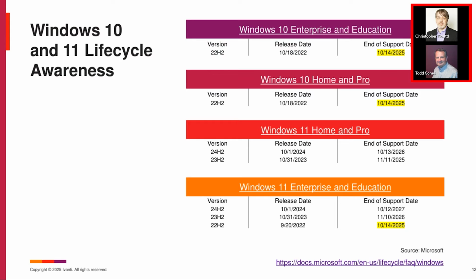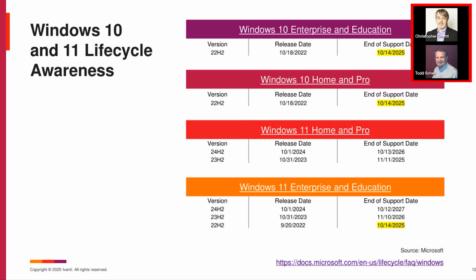ESU support. So Windows 10 lifecycle, we are rapidly approaching October. If you don't already have a plan in place, and if you are expecting to have some Windows 10 server or systems go beyond the end of life date, October is the last security update unless you subscribe to ESU support.